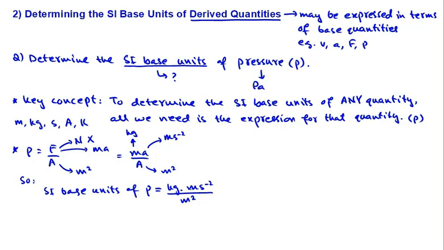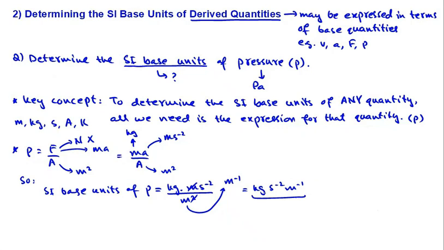See, this meter in the numerator and one meter in the denominator cancel out, leaving one meter in the denominator. When this meter is shifted to the numerator, it becomes meter inverse. And so the whole expression simplifies to kilogram per second squared per meter, which are the SI base units of pressure.